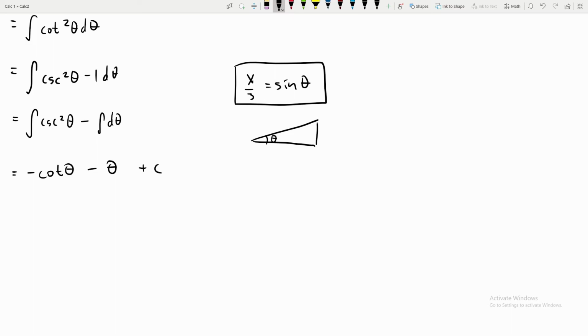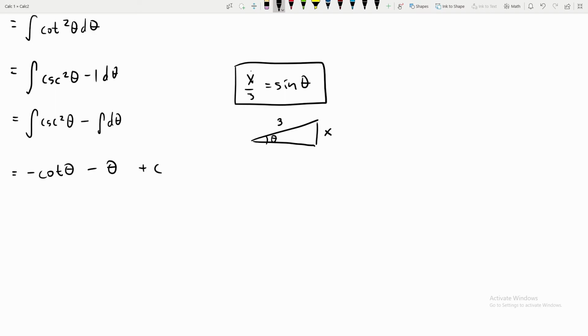So we label the opposite side of this angle x, the numerator, and then the hypotenuse is going to be 3. Now we have this right angle triangle, and we can use the Pythagorean theorem to figure out what this other side would be.